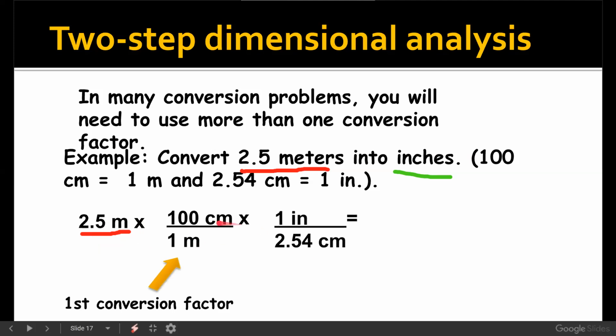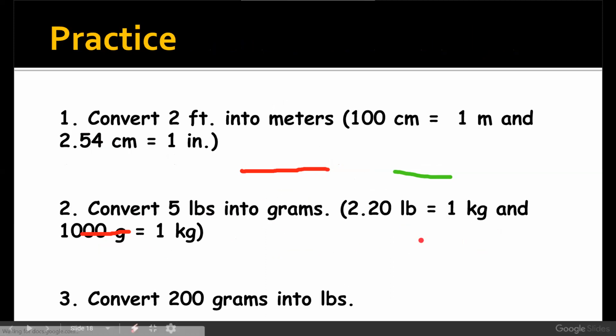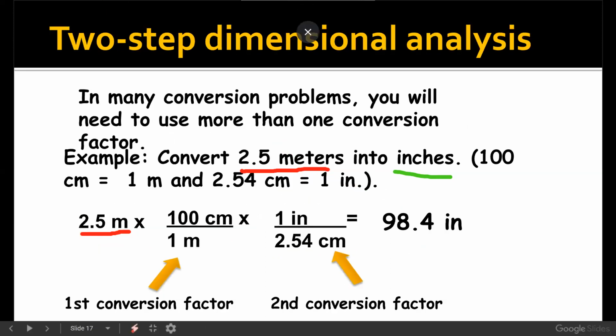The second one: we want to get rid of the centimeters because we're trying to find inches, and we don't have inches anywhere yet. So we use our second conversion factor and put our centimeters on the bottom so that they cancel out, because centimeters over centimeters cancels out. Then you multiply everything on top: 2.5 multiplied by 100 divided by 2.54 gives us 98.4.